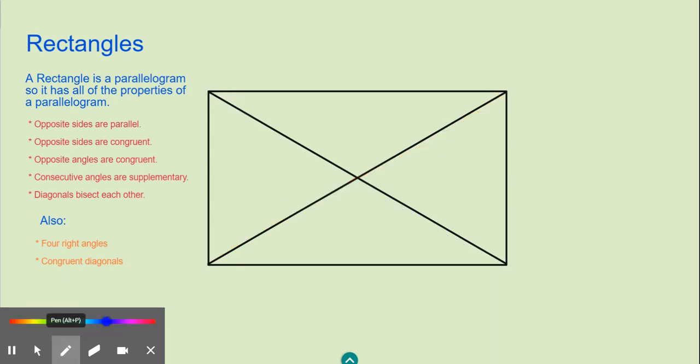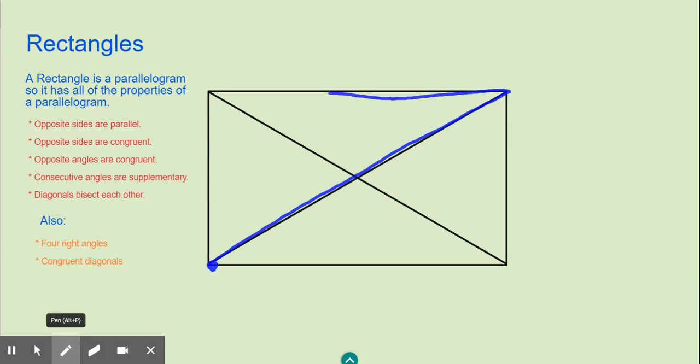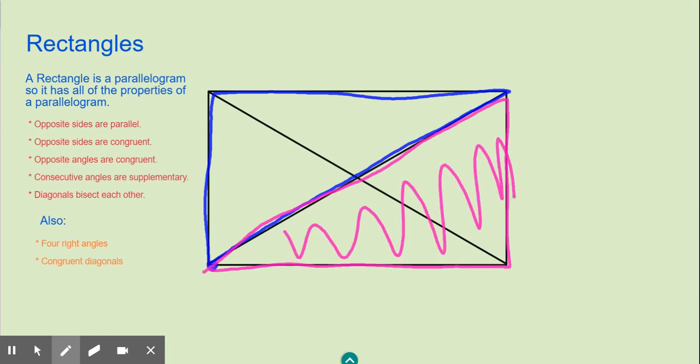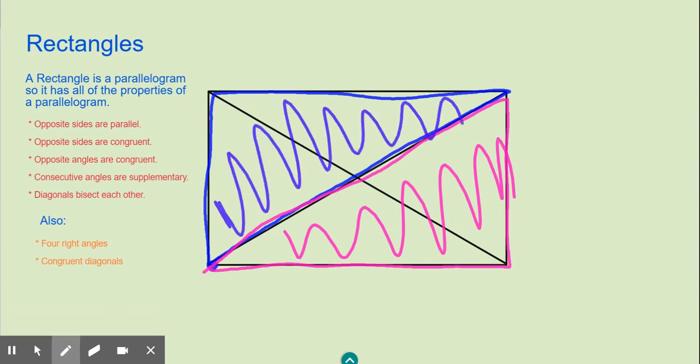What else do we know about rectangles? Well, if we chop up the rectangle right here, then we have two congruent right triangles. So this triangle is congruent to this triangle. What else do we know about rectangles?